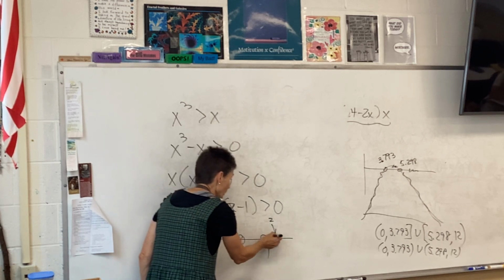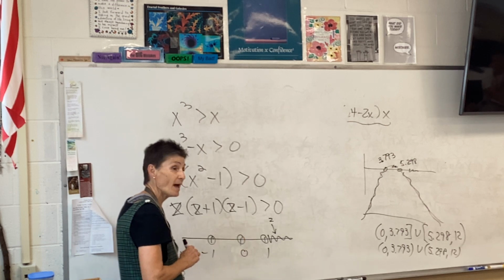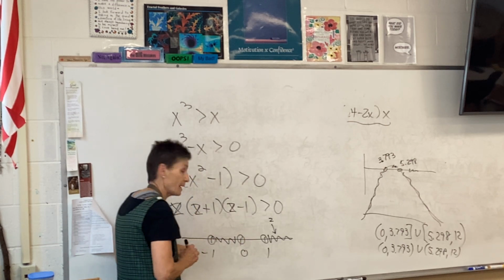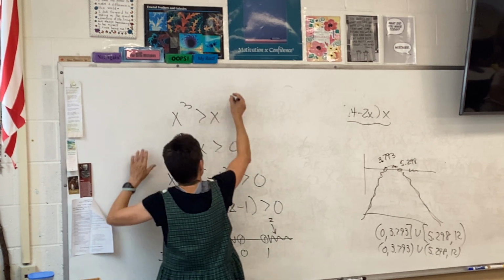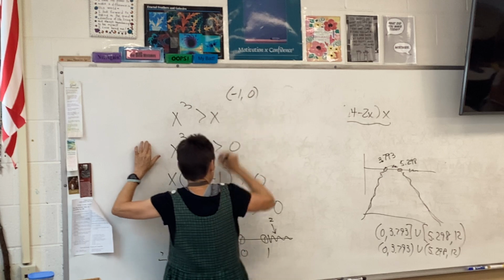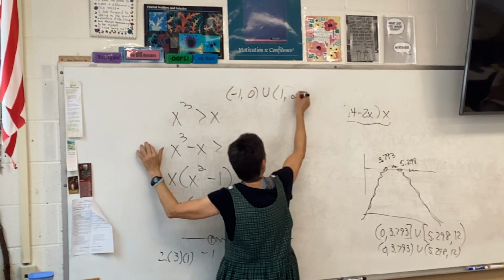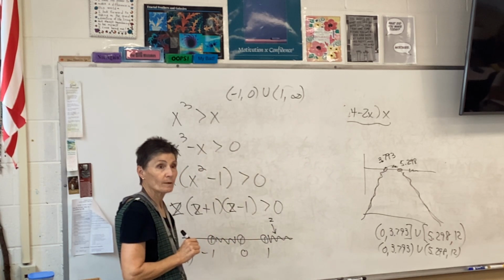So this is going to get shaded. Since I shaded that, I won't, I will, and I won't. So what's my answer? -1 to 0, or 1 to infinity. Okay, what else?